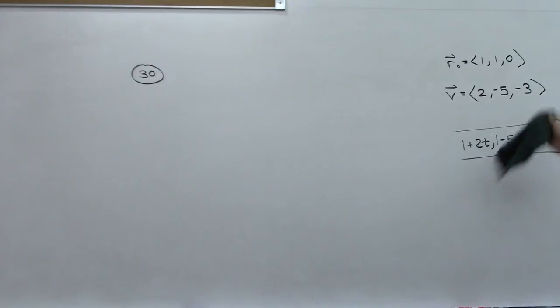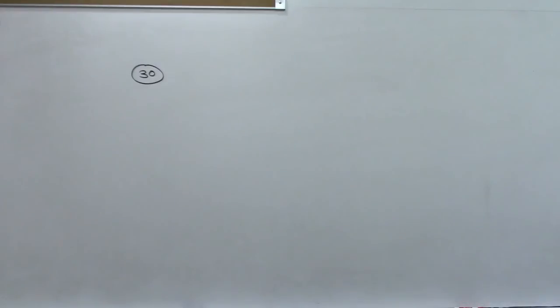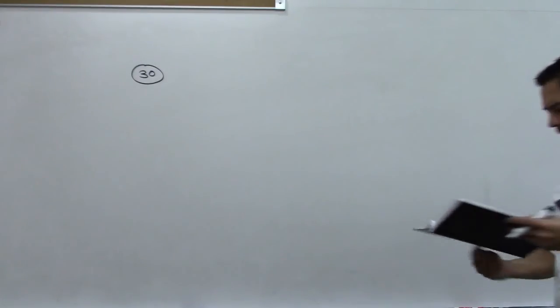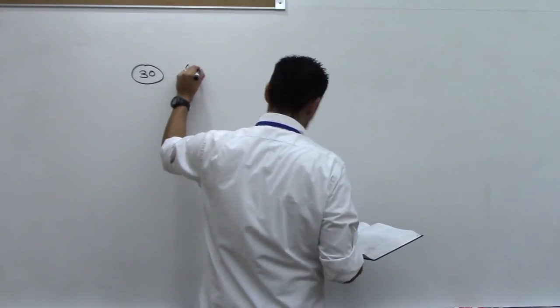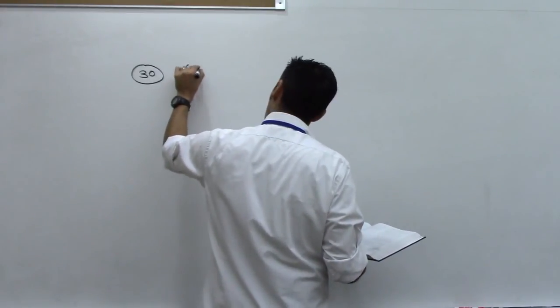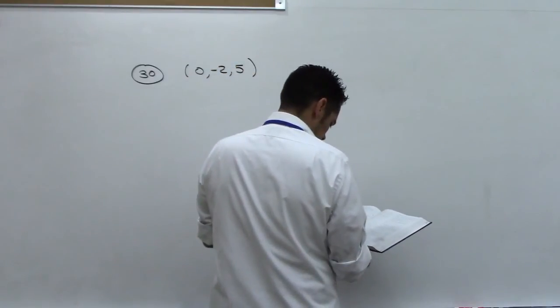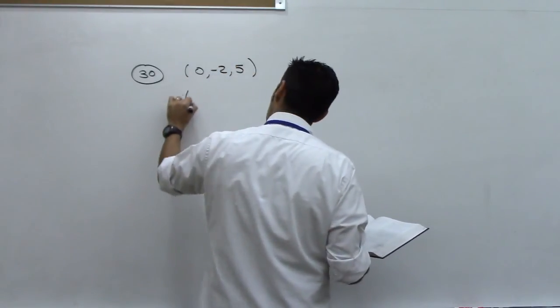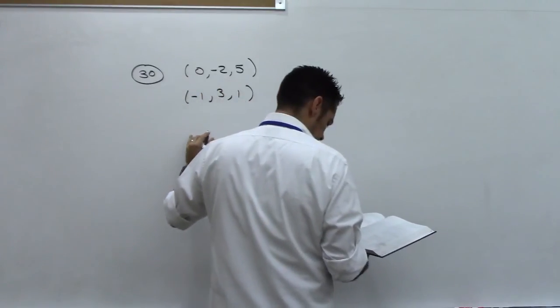Find the equation. So we're still finding the equation of a plane here. Find the equation of the plane that passes through the points. It gives you 2 points: (0, -2, 5) and another point, (-1, 3, 1).